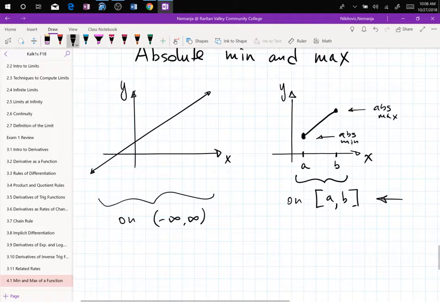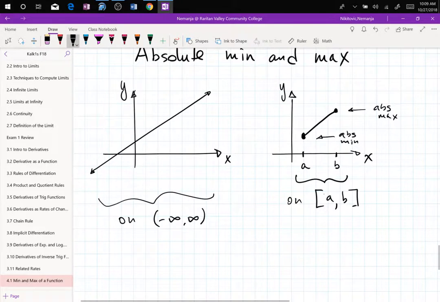So, on the left picture, we have no min or max on infinite domain. If the domain is infinite, you could have absolute min or max, or you don't have to have it. But when you restrict the domain, you must have absolute min or max.